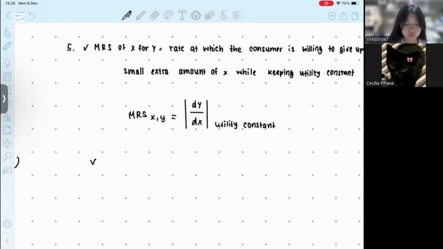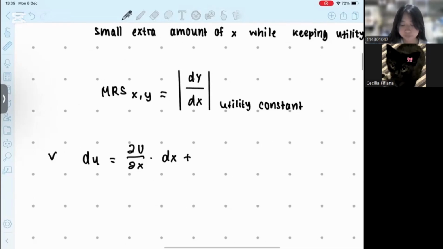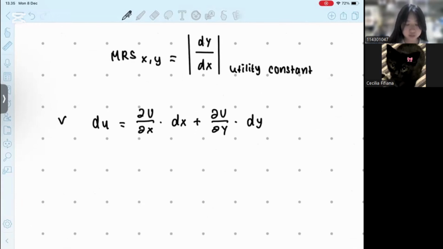So du equals partial u with respect to partial x times dx plus partial u with respect to y times dy, and this would be the total change in utility. And along the indifference curve, utility doesn't change, so we can rewrite it as MUx times dx plus MUy times dy equals 0.